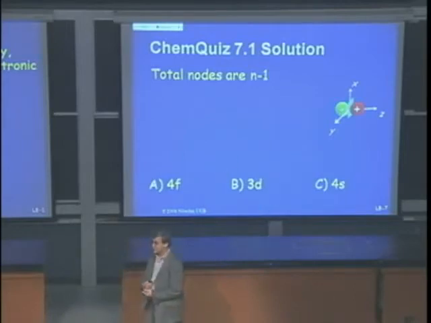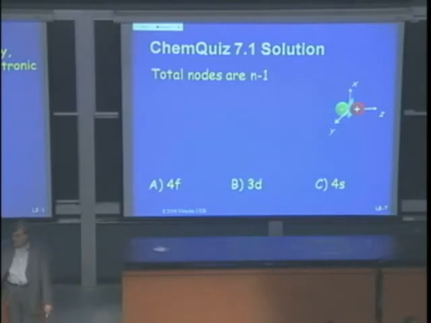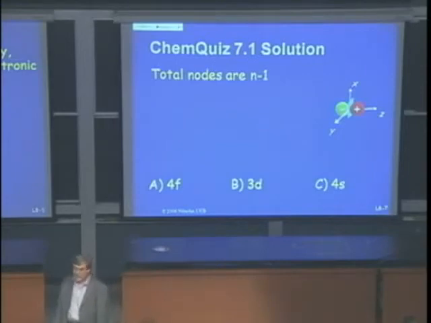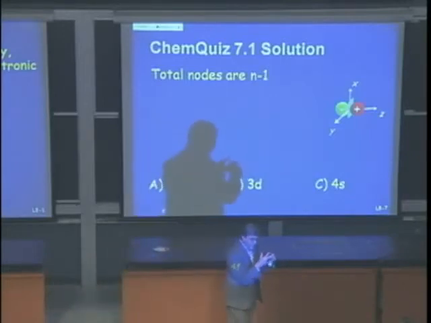Let's talk about the 3d. We did this just, okay? So n is 3. What's the number of total nodes? 2, all right? So what's L? L would be 1. S, P, D. It's not 1, okay? 0, 1, 2. 0 is S, P is 1, D is 2, yeah?